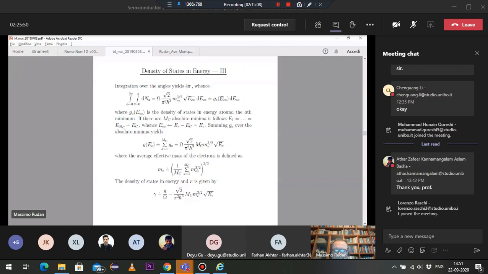In order to find the total number of states, we must sum over the minima. So the individual G sub A density of states is summed like this, with the index going from 1 to the total number of absolute minima of the conduction band.